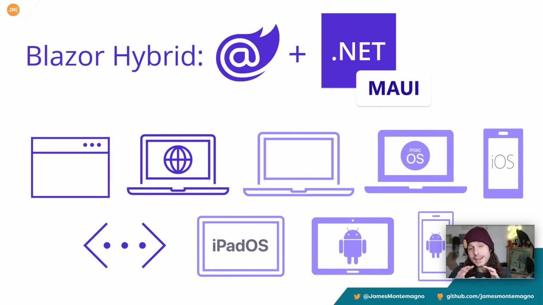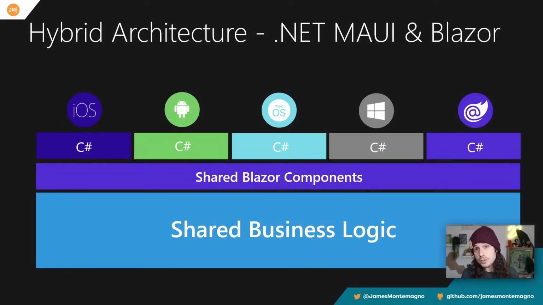And what you're going to get still at the end of the day is those native applications, and you can bring in as much Blazor or as little Blazor as you need. Maybe you have one or two screens, or maybe it's your entire application. There's all sorts of examples out there that I'll point to and put in the show notes below as well. So what this looks like at the end of the day is that you get to take advantage of this vast ecosystem of .NET MAUI components and Blazor components and blend those two worlds together.